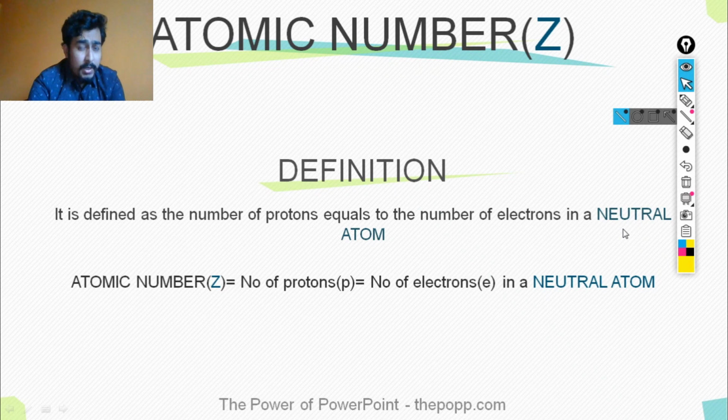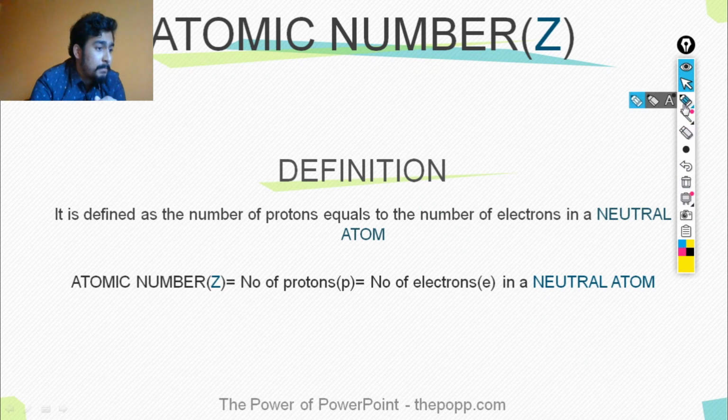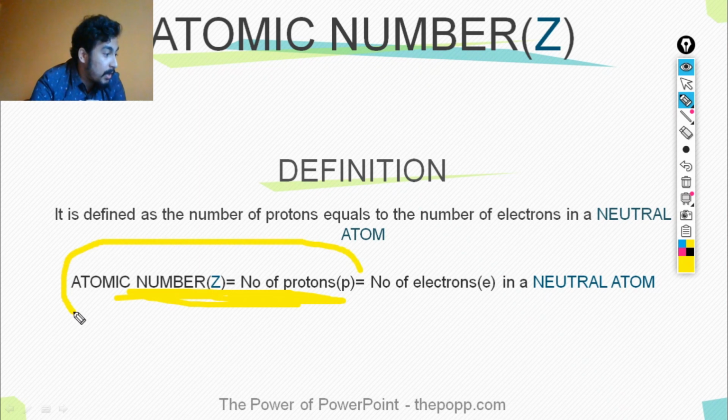But if we want to be precise over here, we need to say that the atomic number is equal to the number of protons only. If anyone asks you what an atomic number is, then your answer should be that it is the number of protons only.